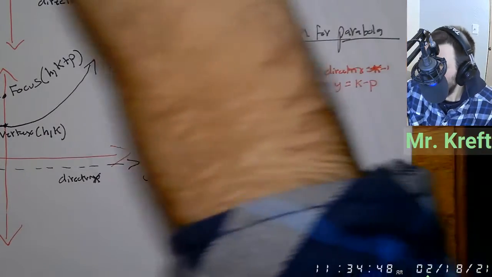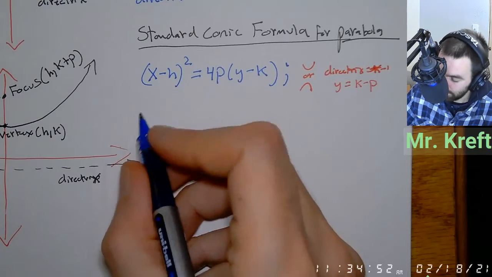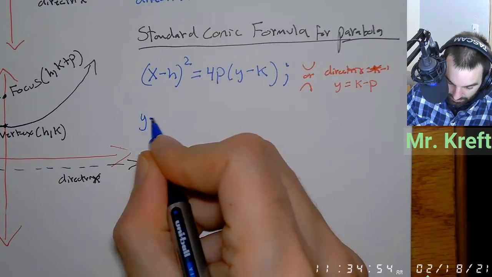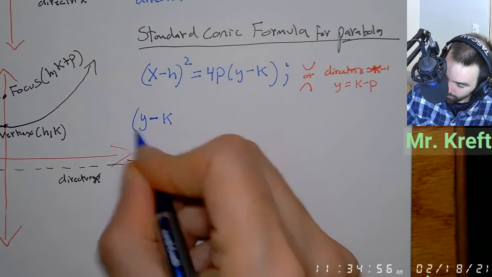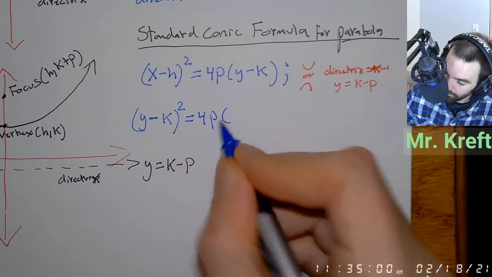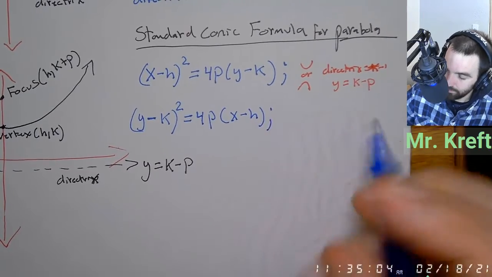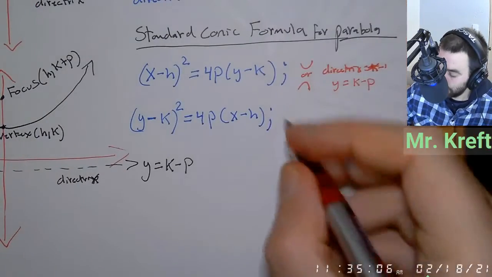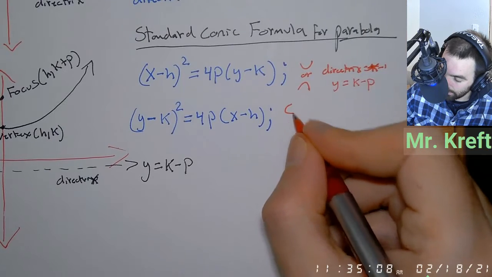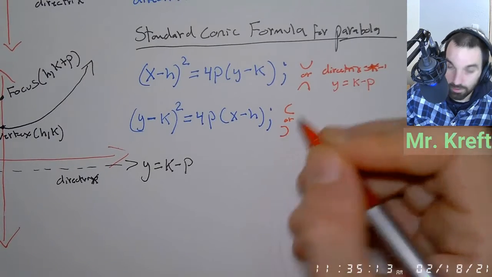Okay. The other equation is where we switch x and y. So it's going to be (y minus k) squared equals 4p times (x minus h). Okay, so this is for opening to the right or opening to the left.